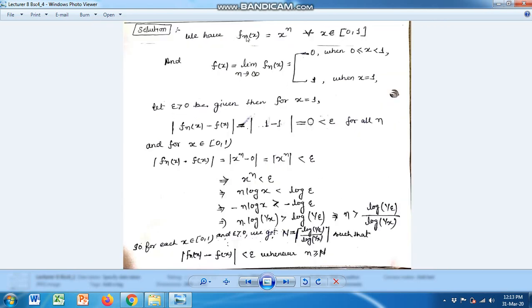So as we have given f_n(x) equal to x to the power n for all x in the closed interval [0, 1], f(x) is equal to limit n tends to infinity of f_n(x), which is 0 when x is greater than or equal to 0 and strictly less than 1, and at the point x equal to 1 we get limit 1, because at x equal to 1 we get the sequence 1, 1, 1, 1 which converges to 1.